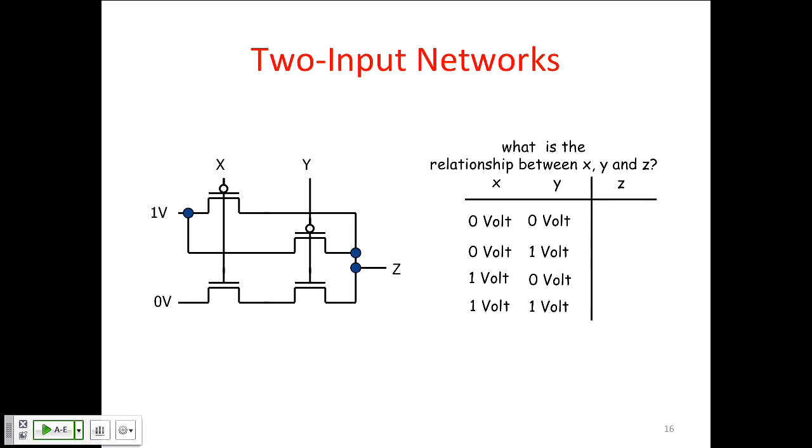To understand what's happening here, let's check Y. If Y is 0 volts, this transistor is also on, and this one is off. So these 2 are off, and there's no connection to 0 volts. That's good, because both of these are on, and so both make a connection to 1 volt. Is it a problem that both of them connect to 1 volt?